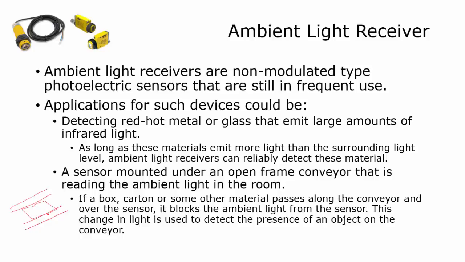You can see the floor down through the bottom, and what they'll do is mount an ambient light sensor below the conveyor so that when product comes across the top of it, it literally blocks out the ambient light or the room light, and therefore you can sense if there's a product or a box or whatever on that conveyor by blocking out the room light from the sensor. They work really well.